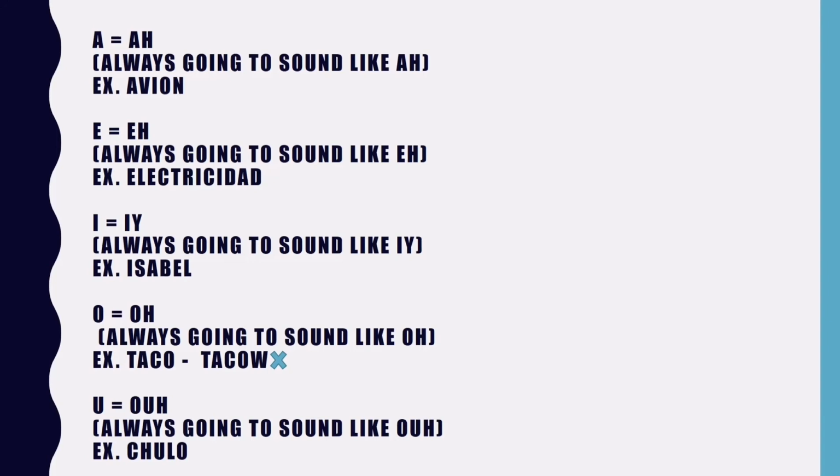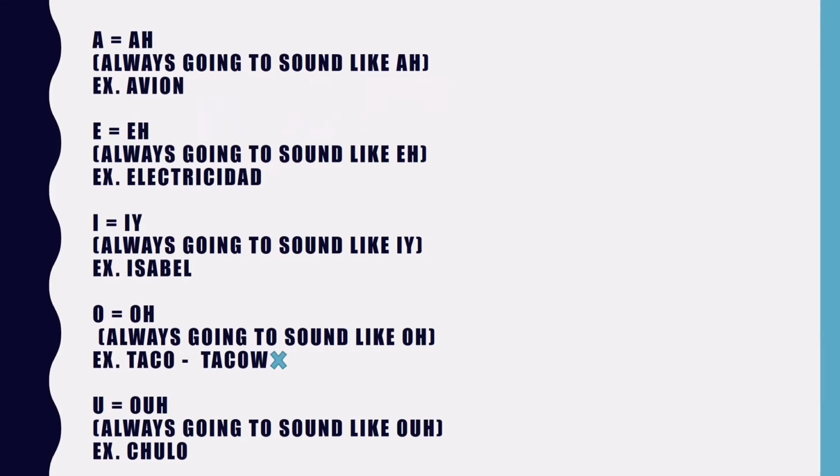The letter E is pronounced E. It's always going to be pronounced the same, such as electricidad. The letter I is pronounced E, and it's always going to sound the same in Spanish, such as Isabel. The letter O is pronounced O, and it's always going to sound like an O. Taco.